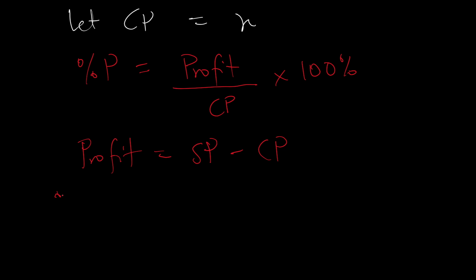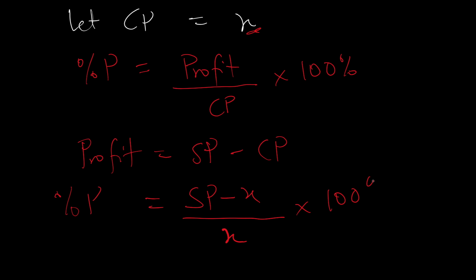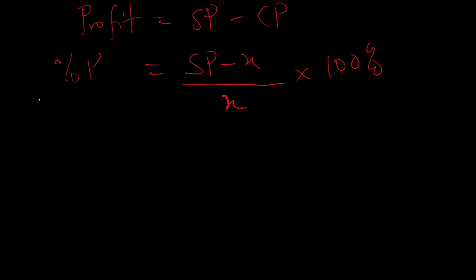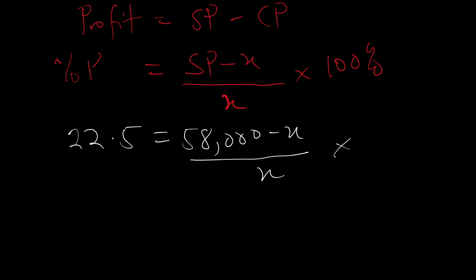So then our percentage profit will be equal to the selling price minus the cost price X, so 58,000 minus X, all over X times 100%. And our percentage profit is 22.5.